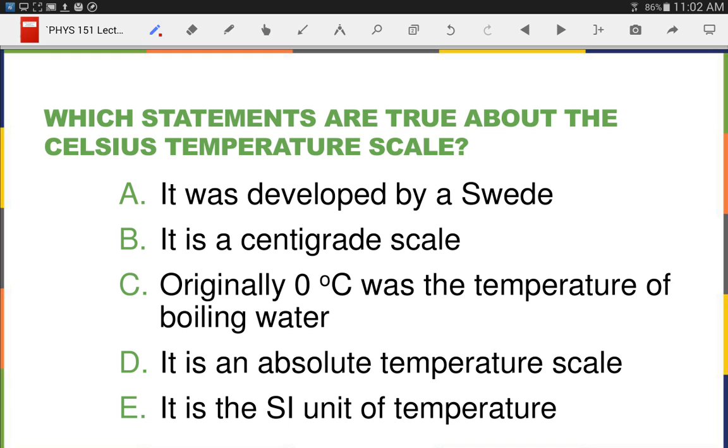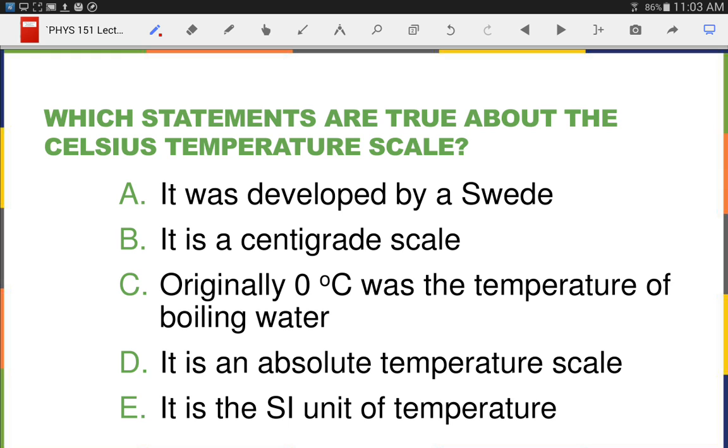So answer the correct ones, multiple correct answers, and then hit enter. You're not in yet. Nope. There we go.